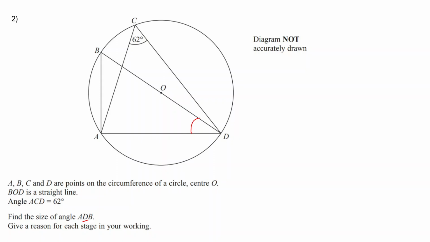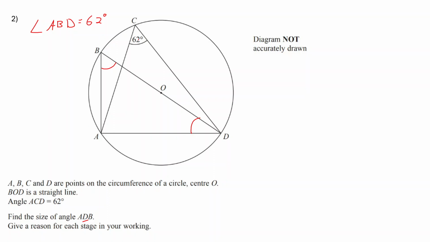Well, where can I begin with this? It says give a reason at each stage of your working. This angle here, that angle there, we can say is angle ABD. So angle ABD must be equal to also 62 degrees. You could have called that something like angle DBA. It doesn't matter as long as the B is in the middle.